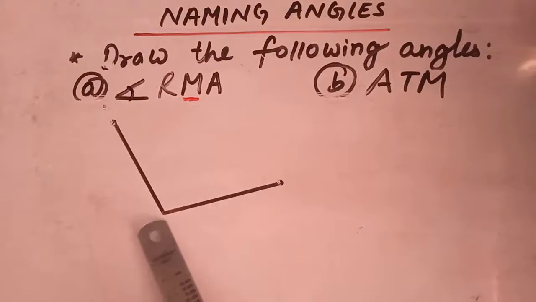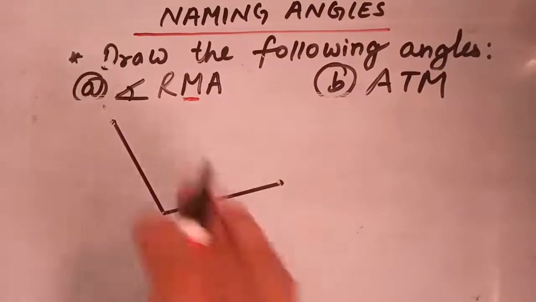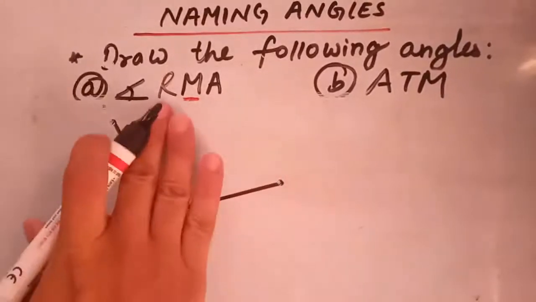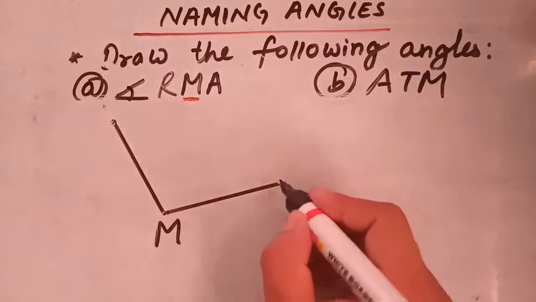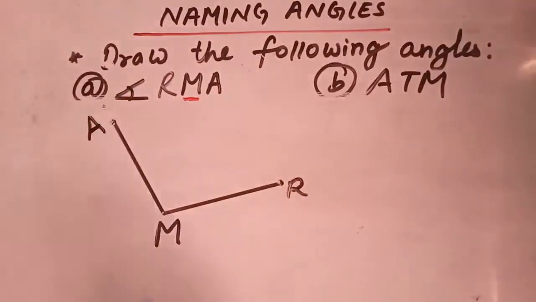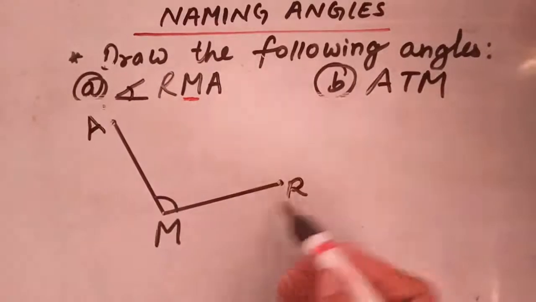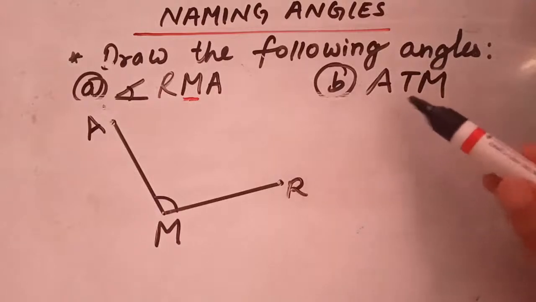You can write M here. Now R you can write here, either here or here, as you wish. Here we have drawn angle RMA or angle AMR. Now let me draw another angle ATM.